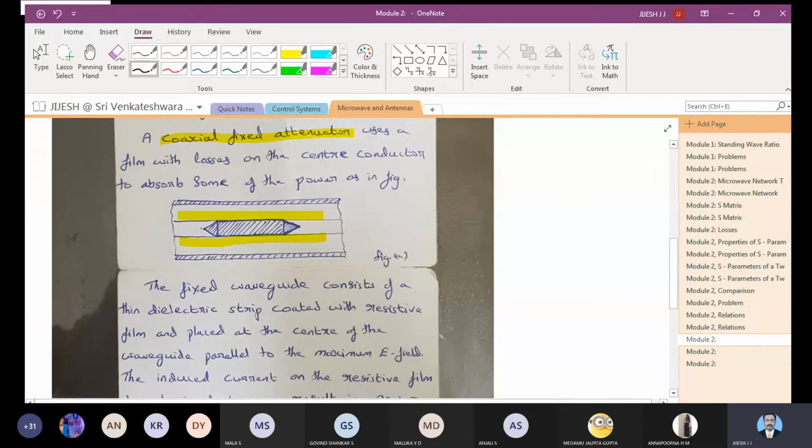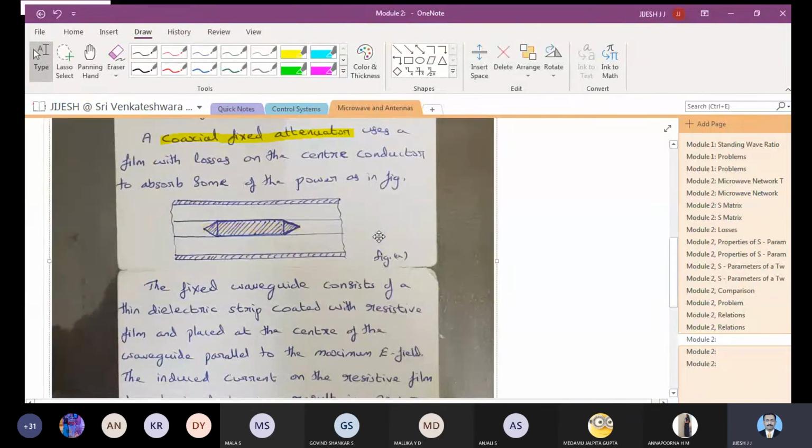The main purpose of this resistive film, which is placed in the transmission line, is to absorb the signal and make sure that nothing is received at this point. That is what you are going to see.